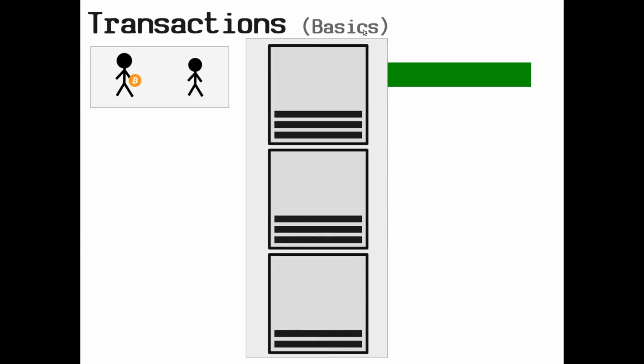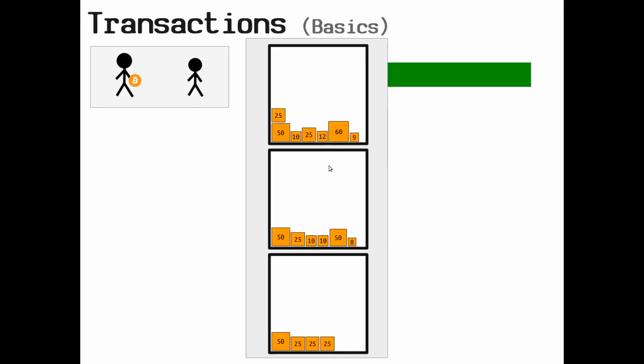Carrying on from the last presentation, we know that it's just a bunch of blocks, individual blocks containing transactions. So the blockchain is just one big file of transaction data. But because we're looking at transactions today, a good way to visualize what that transaction data represents in the blockchain is a bunch of different batches of Bitcoins.